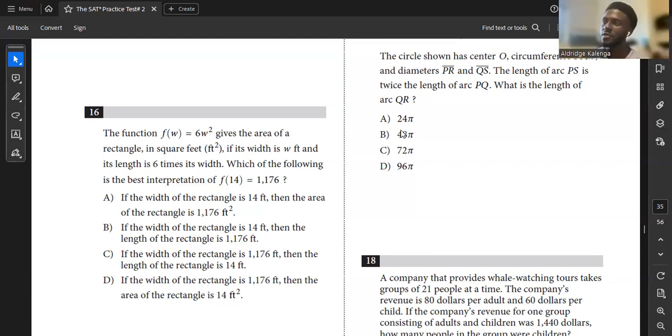Any other answer choice? Sir, A is correct. Okay, so we have 3 people saying A right now.